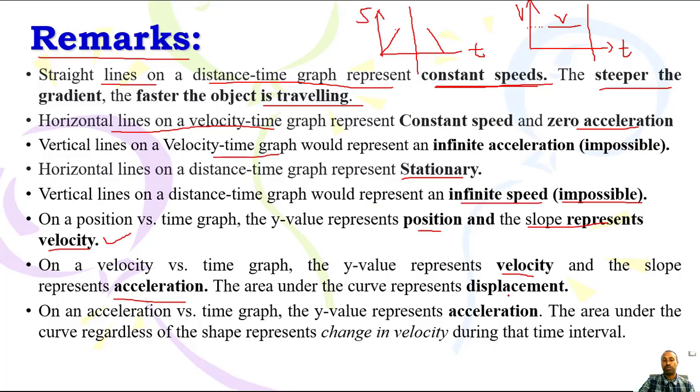The area under the curve represents the displacement. On an acceleration versus time graph, the y value represents the acceleration. The area under the curve, regardless of the shape of the curve, will represent the change in velocity during the time interval. So these are the concluding remarks.